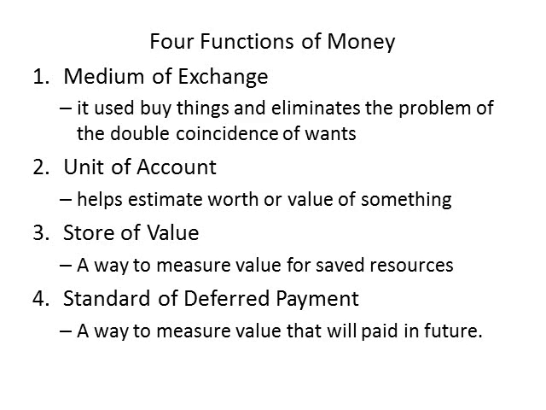As we learned earlier, money is a tool used to make economic transactions easier to occur. There are four specific ways money helps us with economic transactions. First, money acts as a medium of exchange by limiting the double coincidence of wants problem. Second, money helps us measure the value of goods and services.